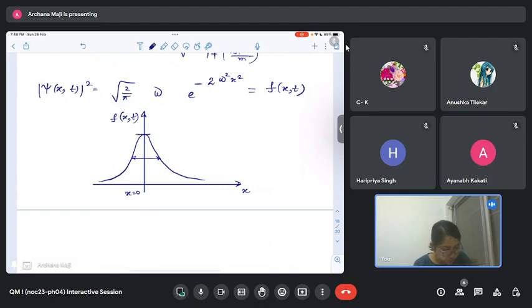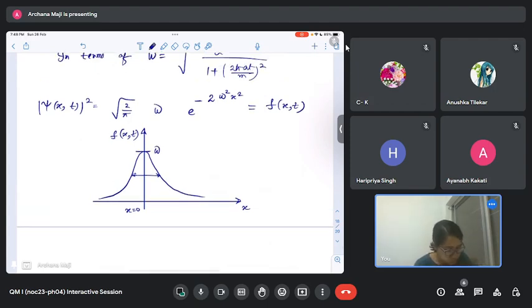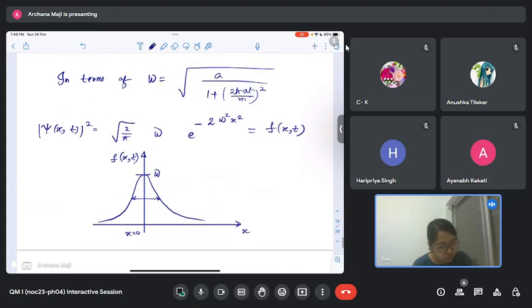That is the height at x equal to 0. But now you see omega also depends on time. So as time changes, omega will change. As time increases, the denominator increases, so omega basically decreases. So we can see that this should be something like this.